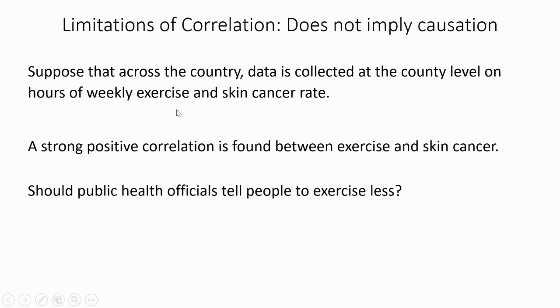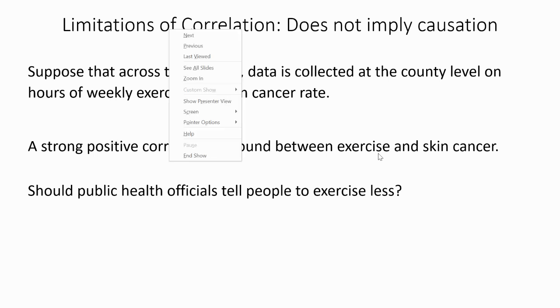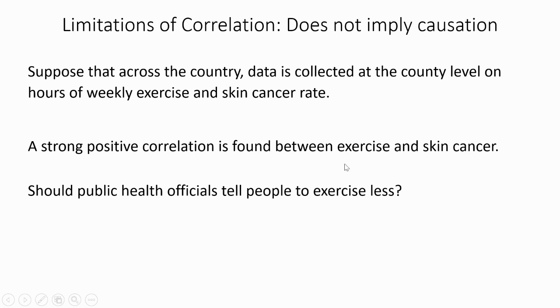Find an average for each county, and then what's the rate of skin cancer in that county? So we might find a strong positive correlation between those variables. And someone who's not statistics savvy might be inclined to think that that's indicative that exercise is bad, that it's somehow promoting skin cancer.